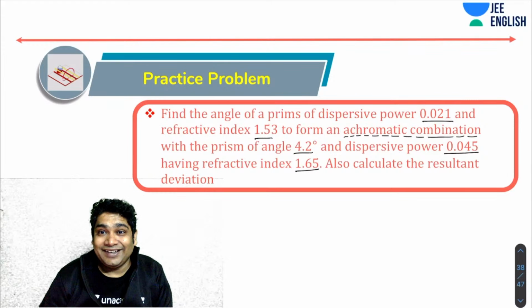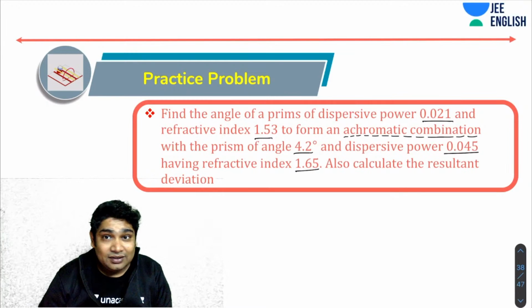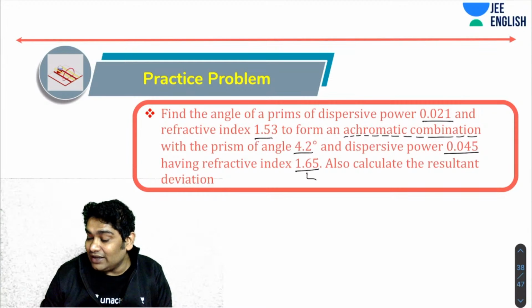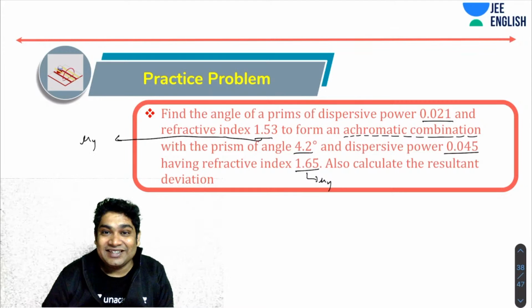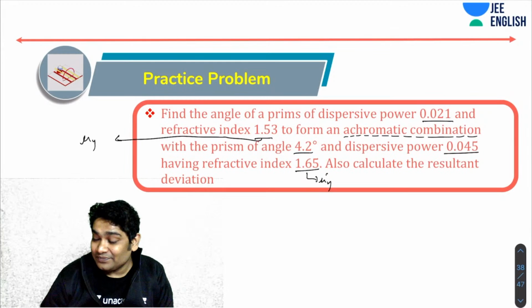So again, this would be simple. If you remember the condition for no dispersion, what would that be? Now the refractive indices have been told, right? Just remember that the refractive indices are the mu y's, mu y and mu dash y.